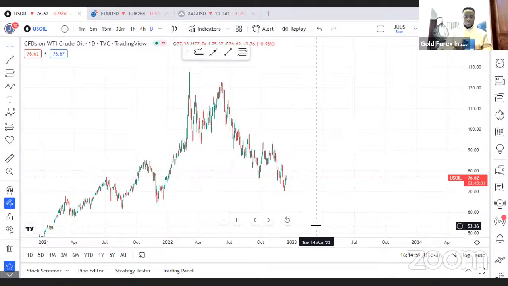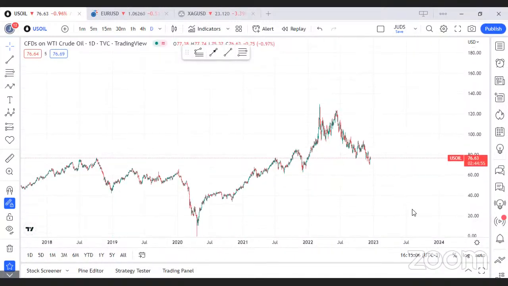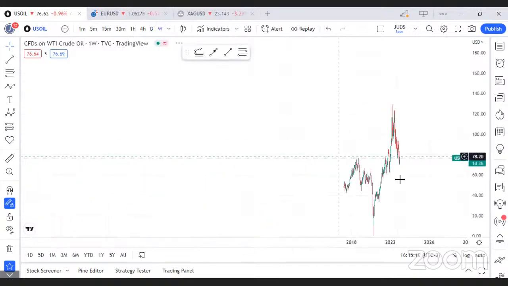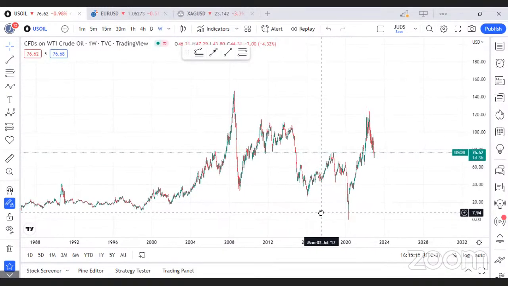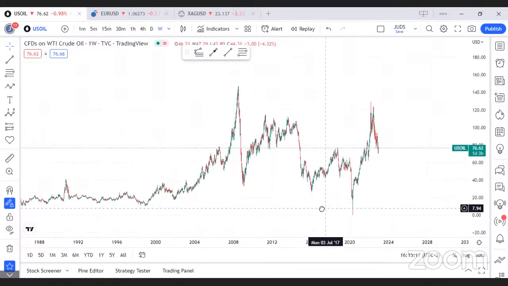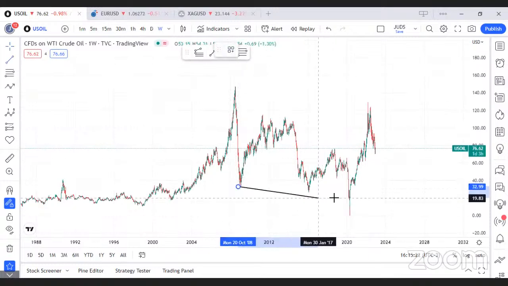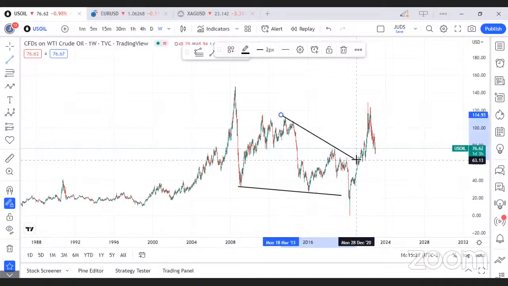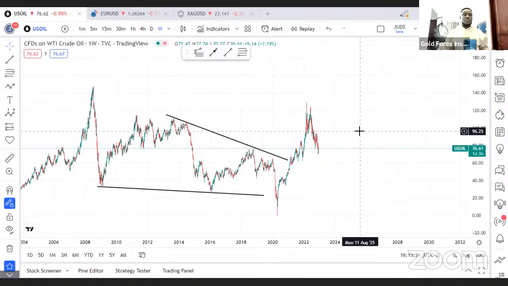Let's continue. So that's oil. That's a bullish one.